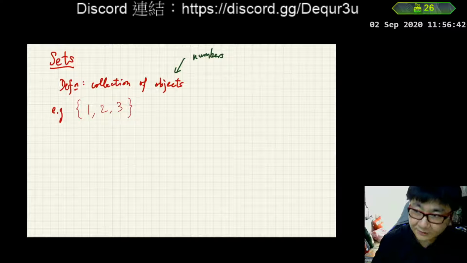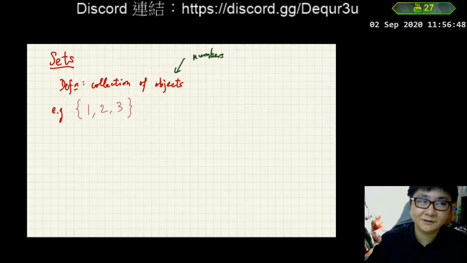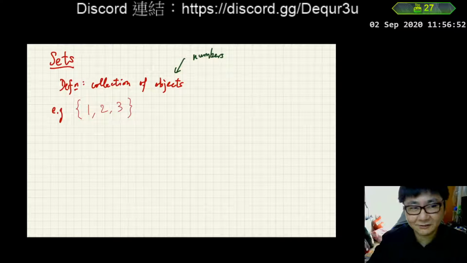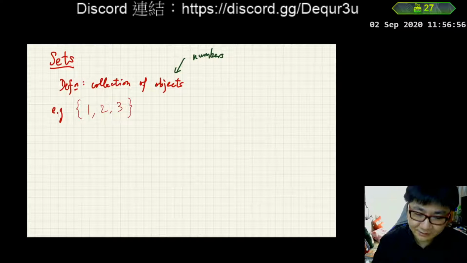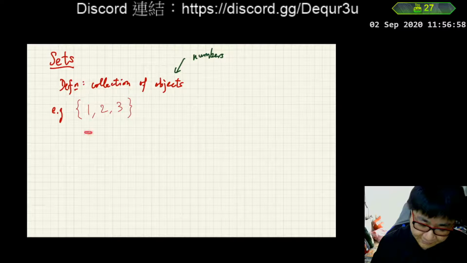And sometimes if we like to give name to it, for example, before we like give name to points, point A, point B, point C, or for a parallelogram, we would like to name it parallelogram A, B, C, D. So if a set like this, we also want to give it a name. Usually we use capital letter.